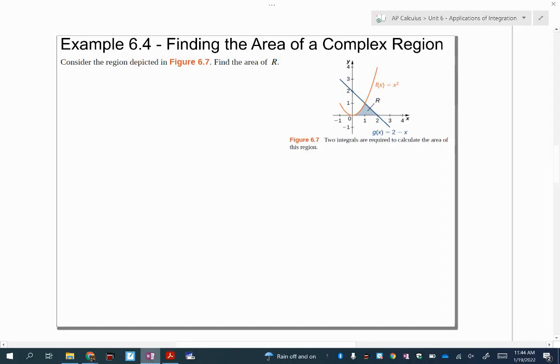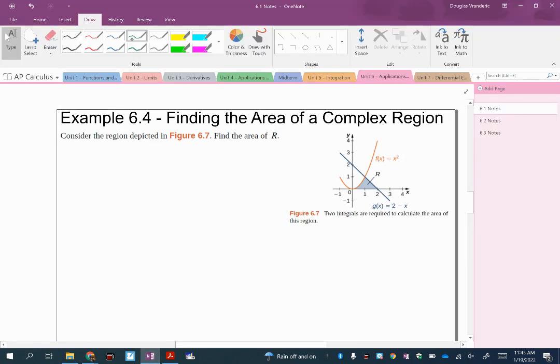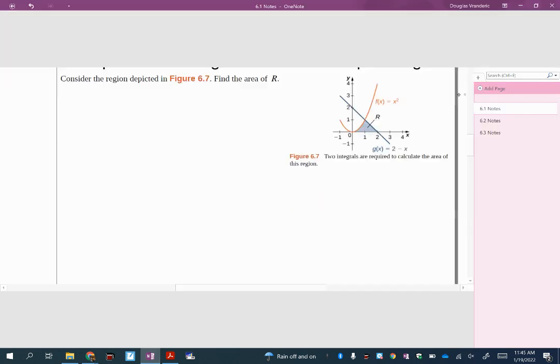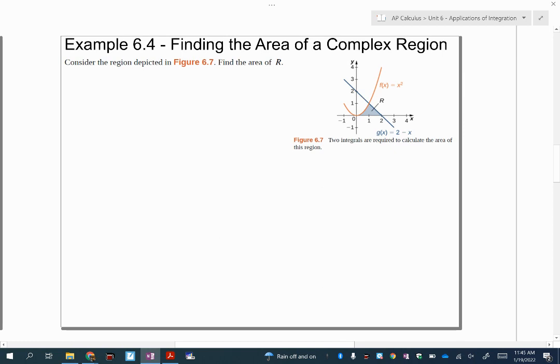For this one, if you look at the sketch that's given to us, you'll notice that the area kind of looks like a triangle, and there really looks like two main areas that I can split it up into. I'm going to use between 0 and 1, which is just the integral of the orange one, x squared, and then between 1 and 2 is just the blue line and the x-axis, which is 2 minus x.